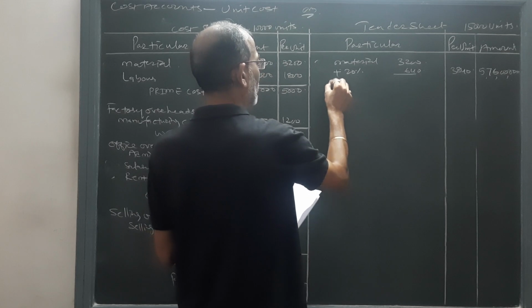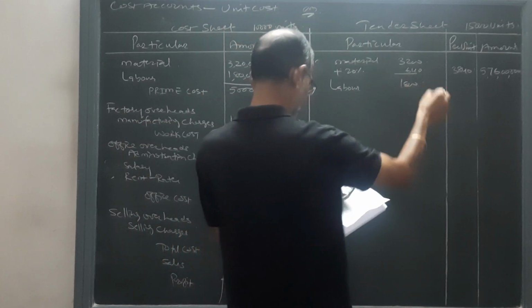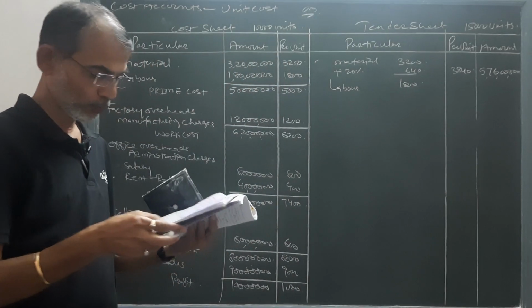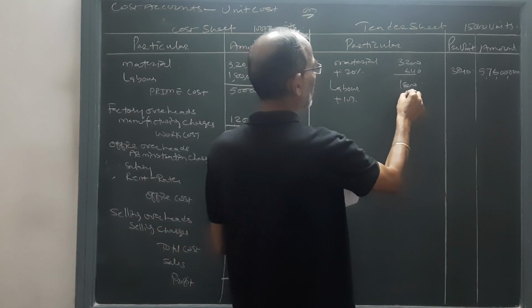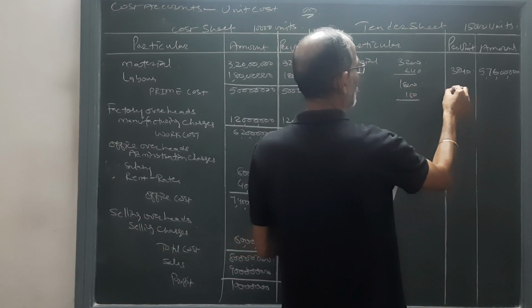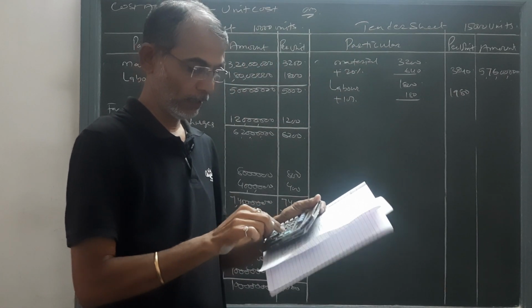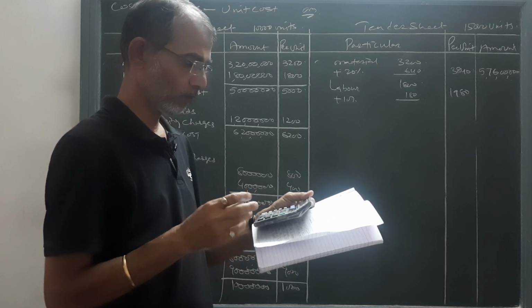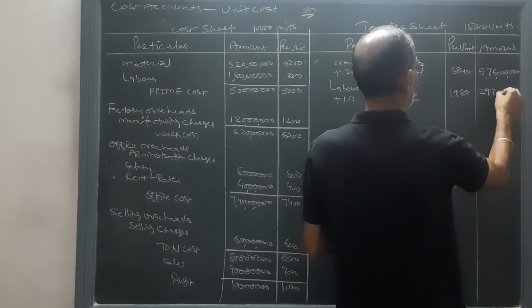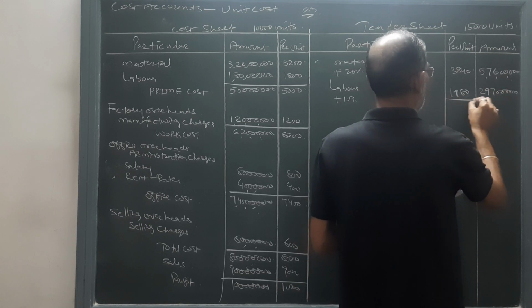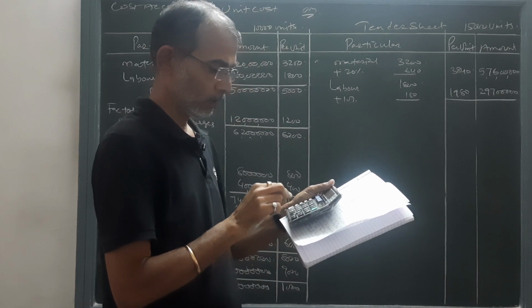Then after comes labor. Labor per unit is 1,800, and that is to be increased by 10%. So 180, that means 1980. Now 1980 into 15,000 will be 2 crore 97 lakh. Plus 5 crore 76 lakh.